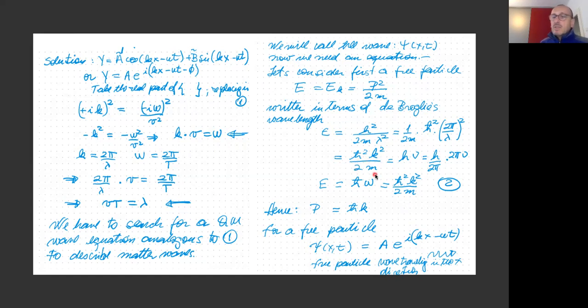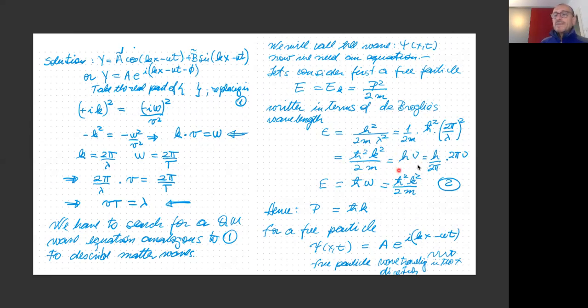In an alternative way, I can say that this energy here, the kinetic energy, is equal to h nu. Now, this is what happened with photons. So I'm saying the energy of a particle relates to the frequency of the particles in a way similar to how photons do.